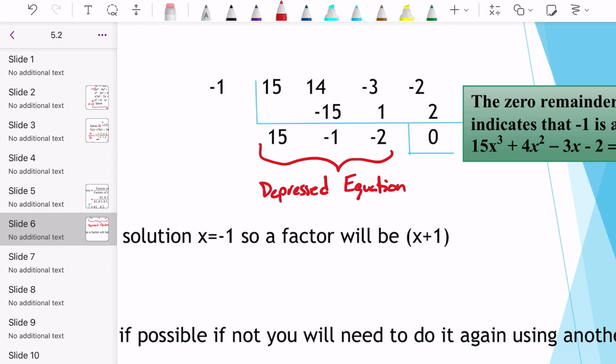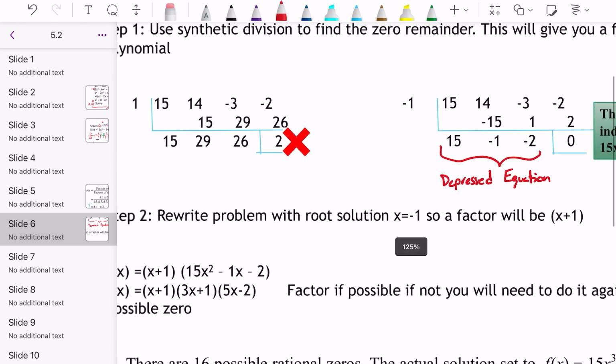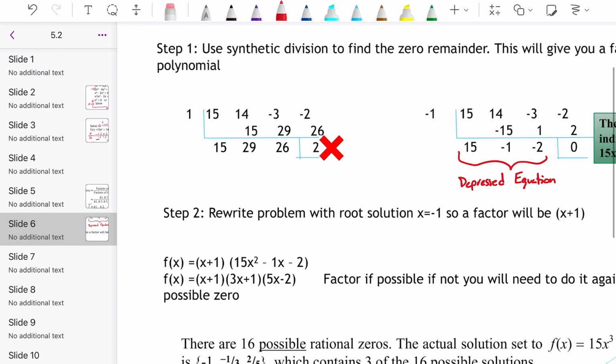And we go on to write it as a polynomial, as you can see here. Once we write out our depressed equation as a polynomial, you go ahead, you break that down into its factored form. Once that has occurred, you go ahead, set each one of your factors equal to 0, and solve.